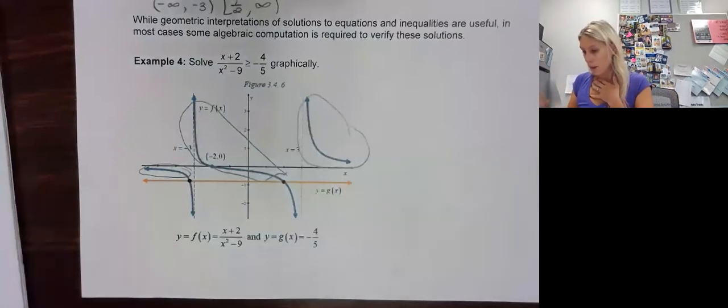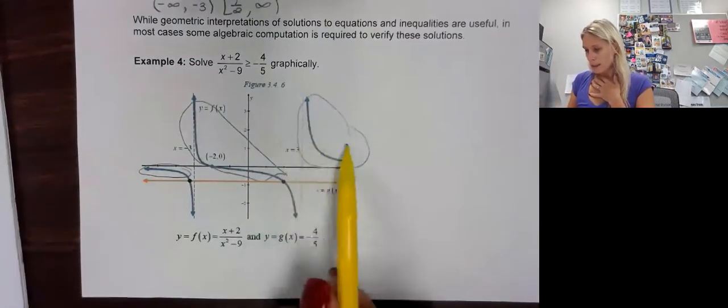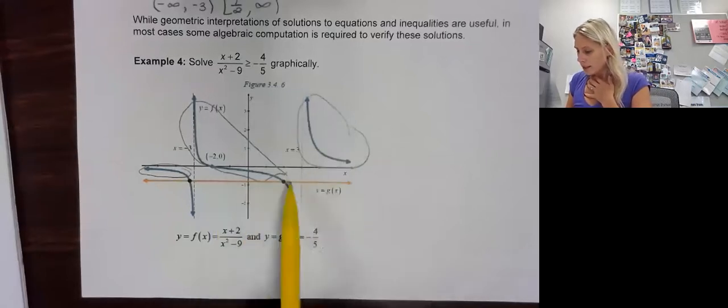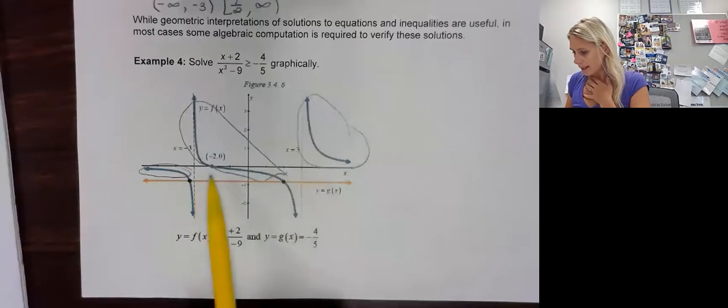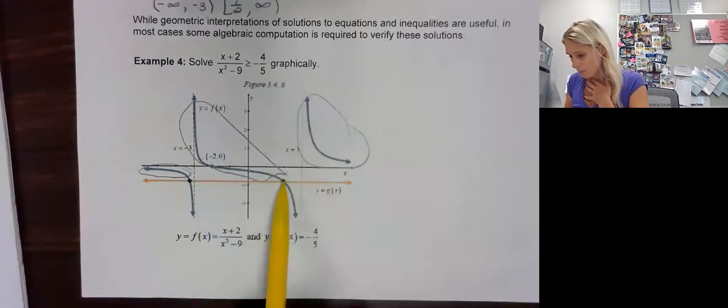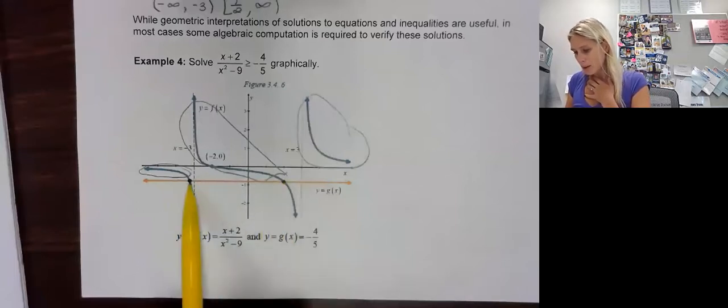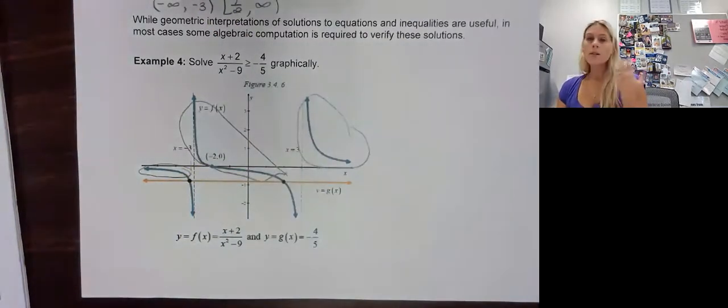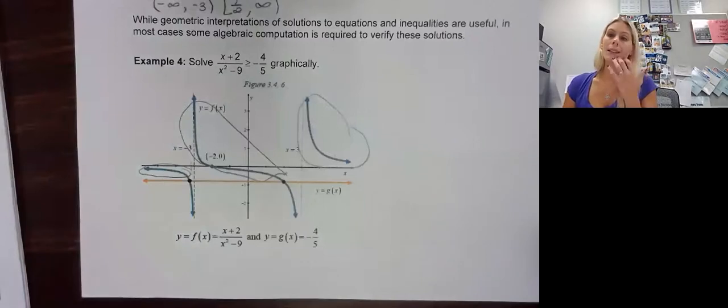Now, here's our problem, though. This one's going to be easy, right? Because that's going to be 3 to infinity. This one looks like it's -3 to 2. But this one, we don't know what this point is. So this is why algebraically it's going to be worth doing it, because on the graph you have to do a little bit more of an estimate.